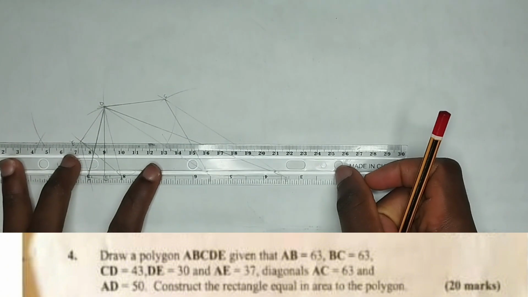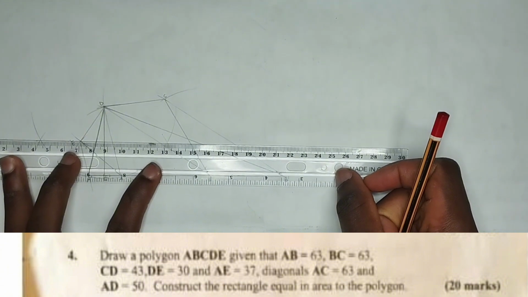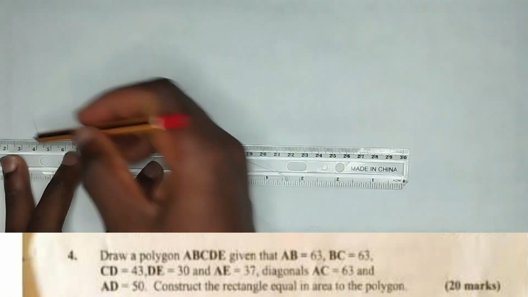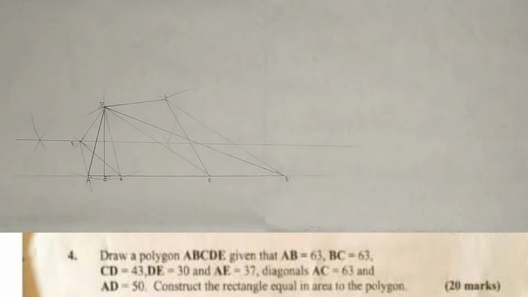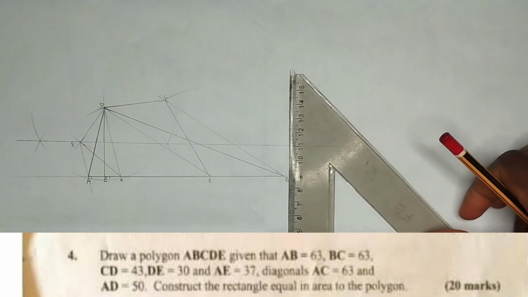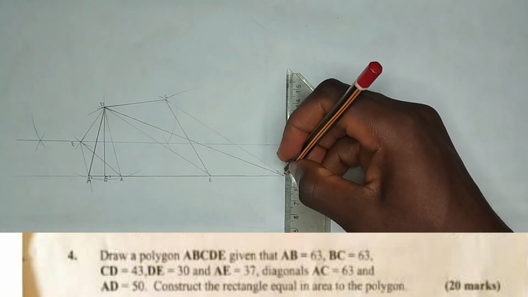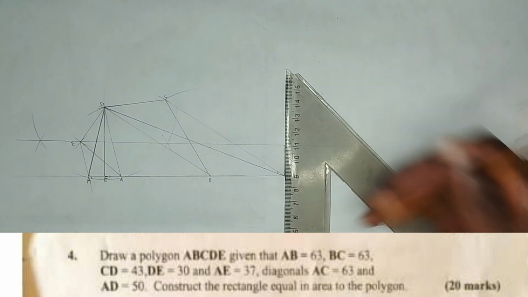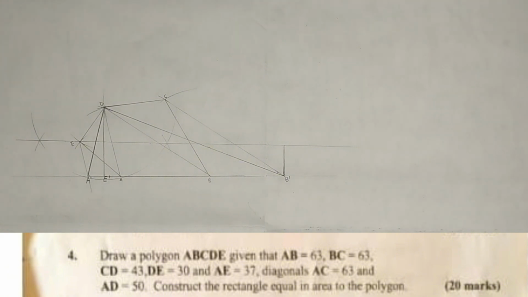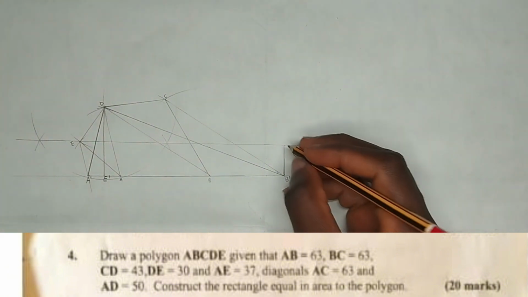So after doing that, we are going to pick our ruler from here. Just draw a thin straight line, a very thin straight line. So now we are going to pick your set square from point B prime. We are going to draw a straight line upward, a thick one, please make it thick because we are already forming our rectangle.